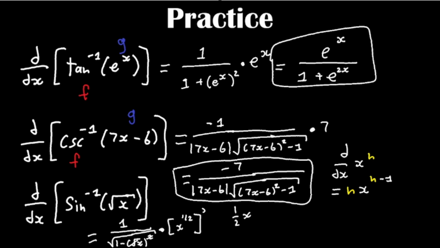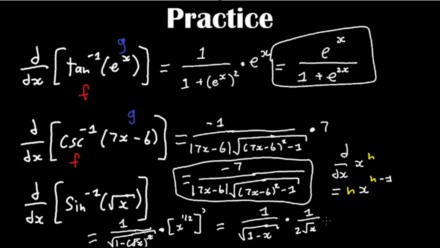Now the negative power means you can bring it down to the denominator. So 1 over x to the 1/2, which is 1 over square root of x. So that's 1 over 2 square root of x. So this becomes 1 over square root of 1 minus x multiplied by 1 over 2 square root of x.